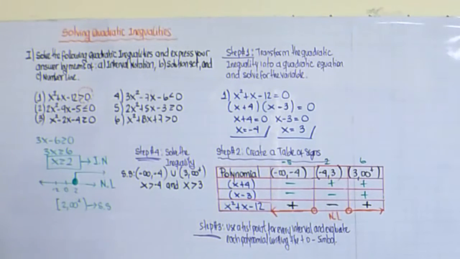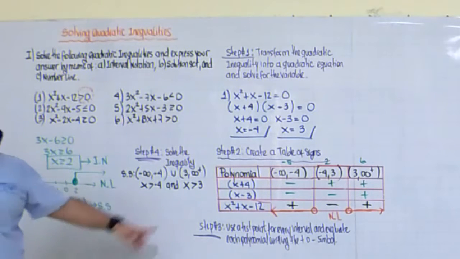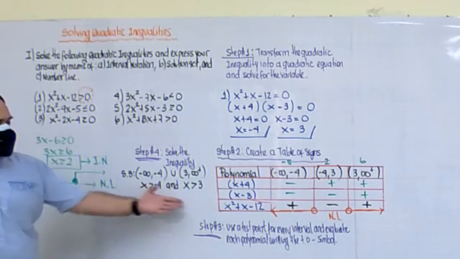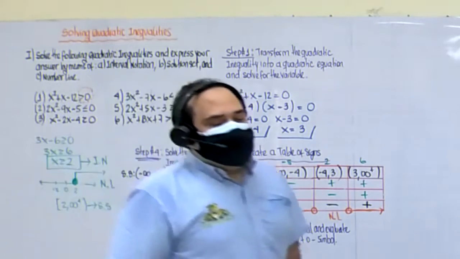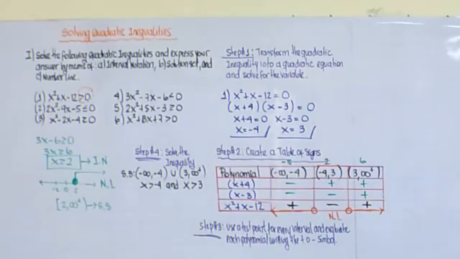This is going to be the solution set between them. The value is greater than -4, positive. Values greater than 3 will be positive. And we got the inequality. And that's it. That's all that we have to do.